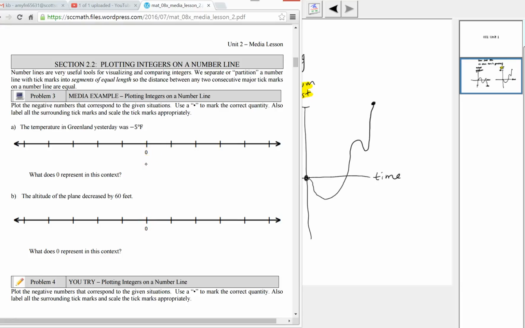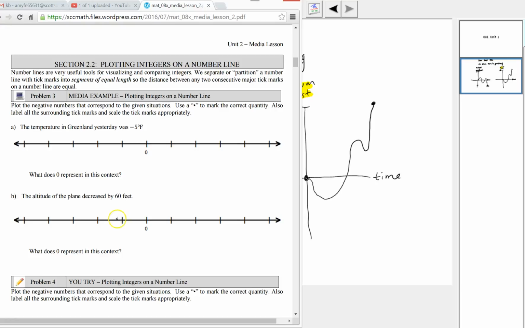Okay. So having them do these simple exercises focusing on what they're referring to when they talk about 0 and what the value is representing in general will really help them to start to focus in on these ideas instead of just plotting them and saying, hey, this is easy. Also notice we look at different scaling. So here negative 5, it'd be 5 to the left. Here there's lots of different values they could choose.